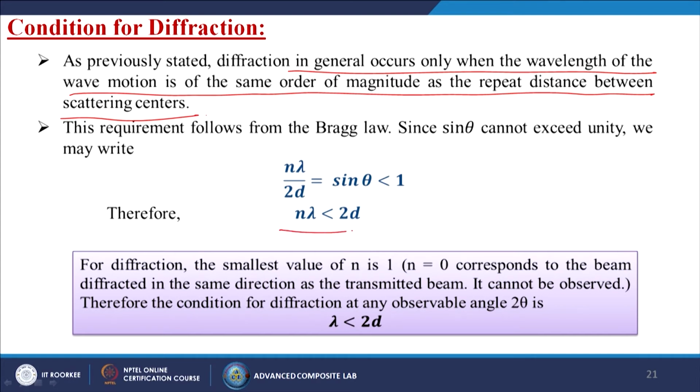Therefore, n lambda should always be less than 2d, where d is the interatomic distance. For diffraction, the smallest value of n is 1; n equal to 0 corresponds to the beam diffracted in the same direction as the transmitted beam, so it cannot be observed. Therefore, the condition for diffraction at any observable angle 2 theta is that lambda is always less than 2d.